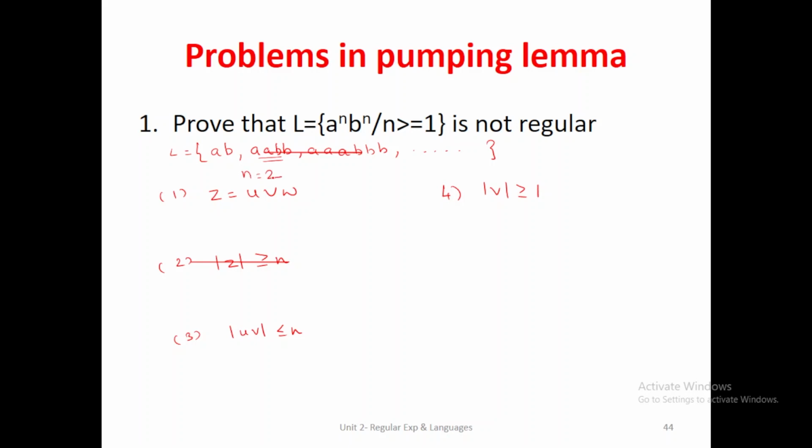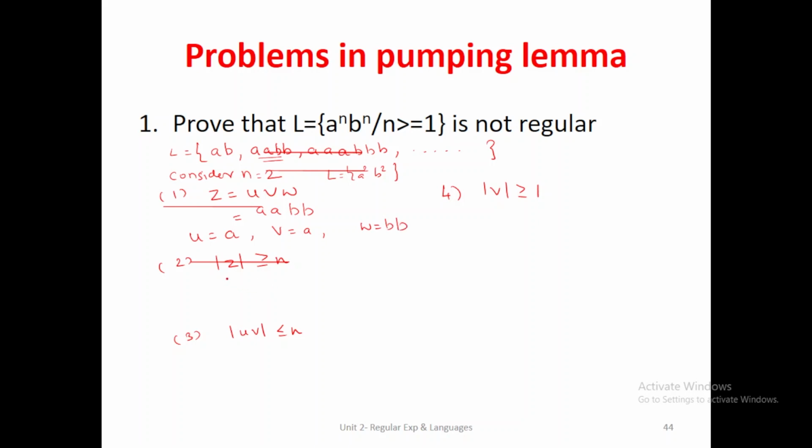If n is equal to 2, you can form it as aabb. So I am writing, consider n is equal to 2. Your L value is a squared b squared. So Z equal to aabb. From this I have taken U equal to a, V equal to a, W equal to bb. So these are all satisfied.